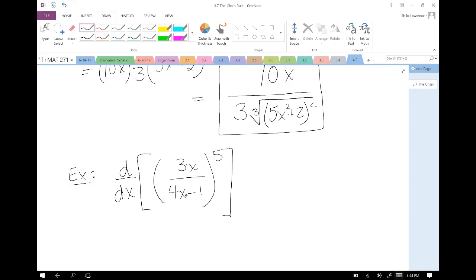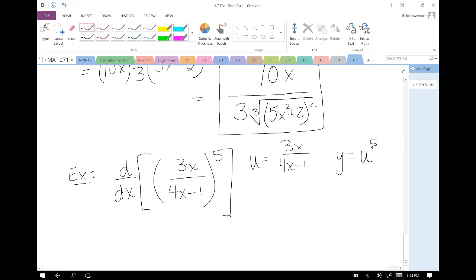And the chain rule says u is the inside, the entire inside. And when we replace that, we let y equal, replace the entire inside with u, and then that's going to say u to the 5th. So y equals u to the 5th.